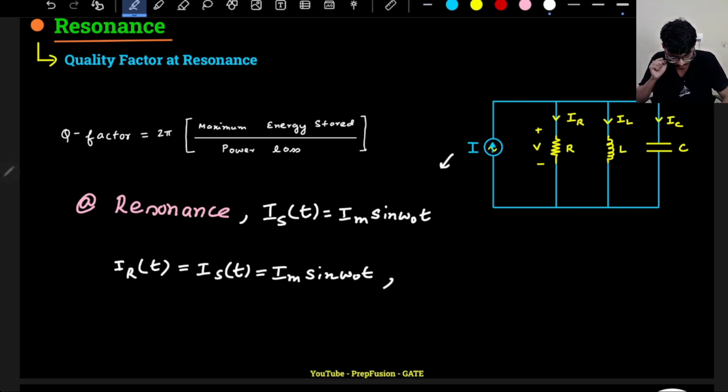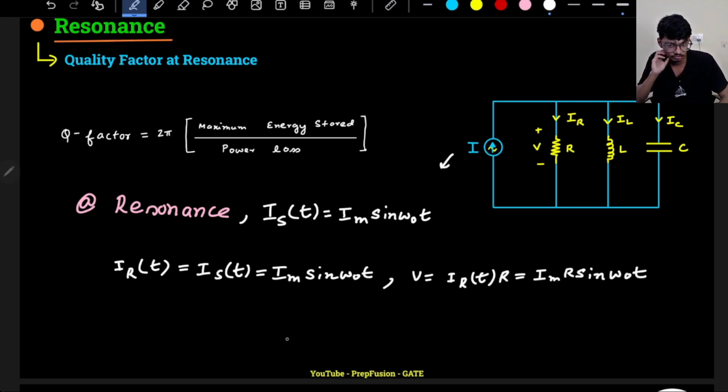Voltage across the resistor will be current times the resistance, so it will be IR of t into R, which is Im R sin omega naught t. Okay, so this is the voltage basically.